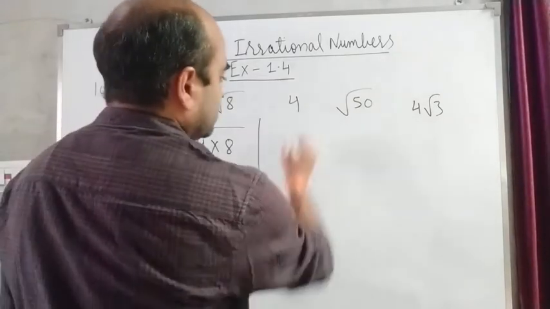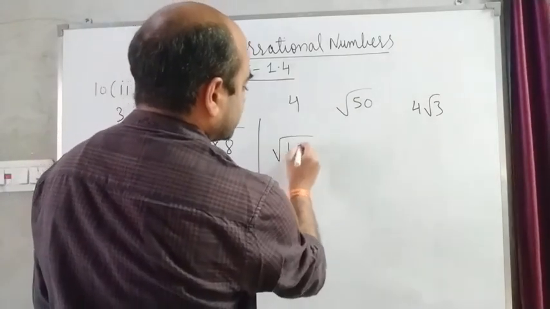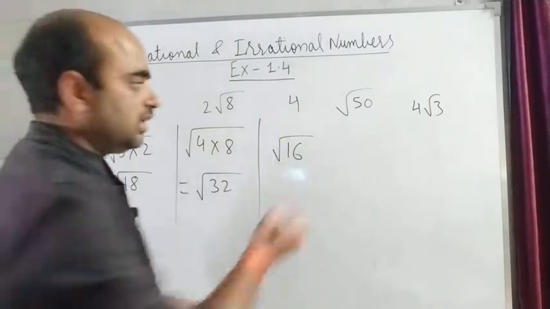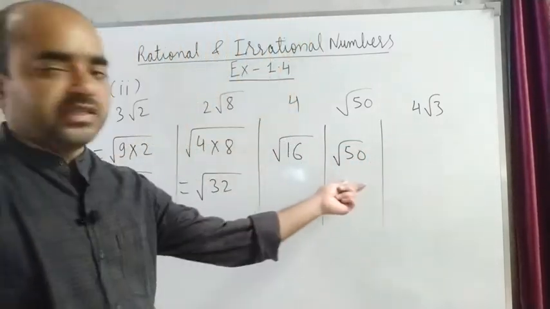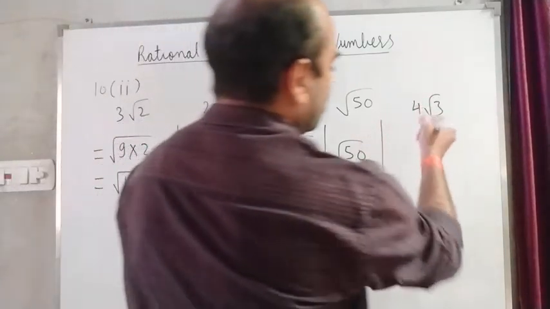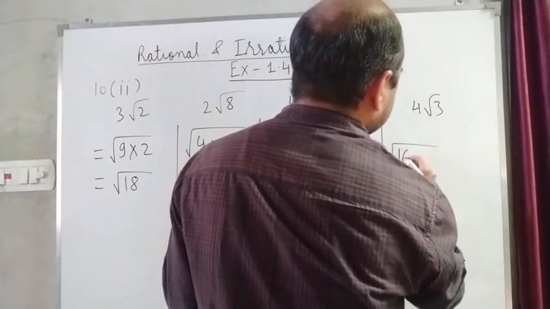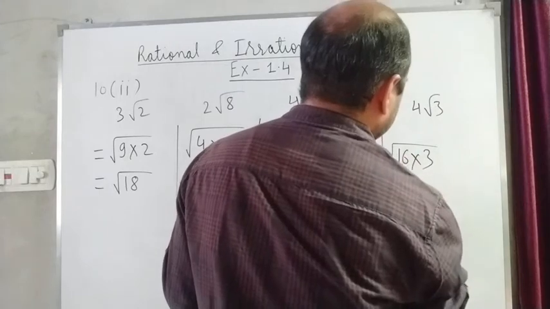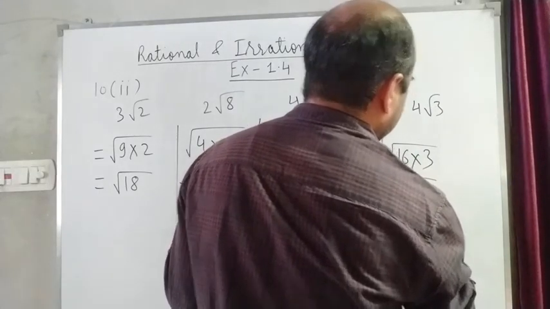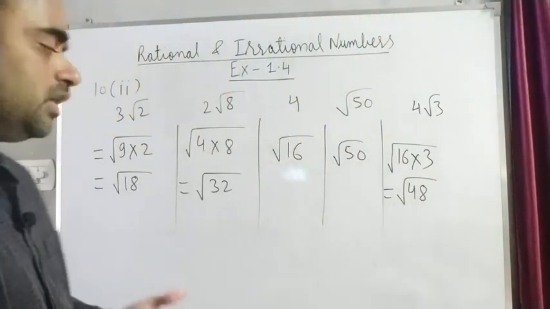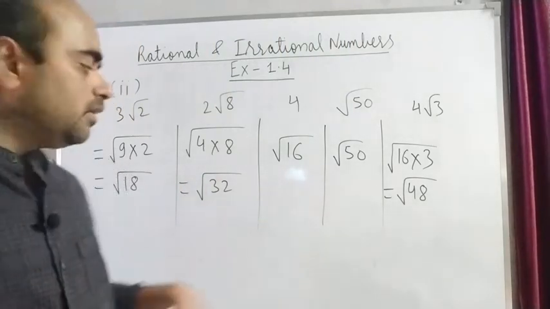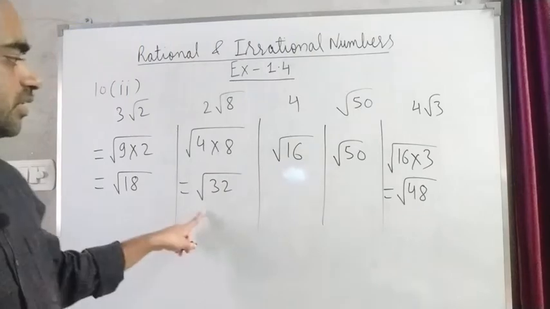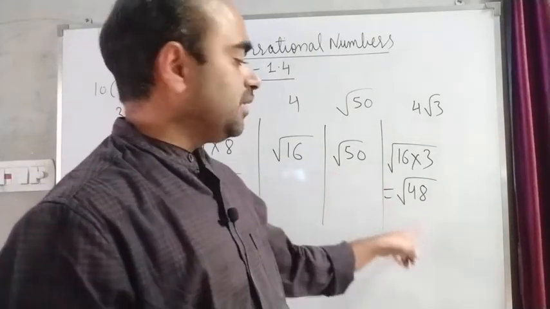Next, this can be written directly as root 16. Root 16 is 4. This is already done, root 50. Nothing is required here. Last one, 4 root 3, we can write as 16 into 3. So that will become root 48. Correct? So this is the concept. We have written all the numbers in single radical form: root 18, root 32, root 16, root 50, root 48.